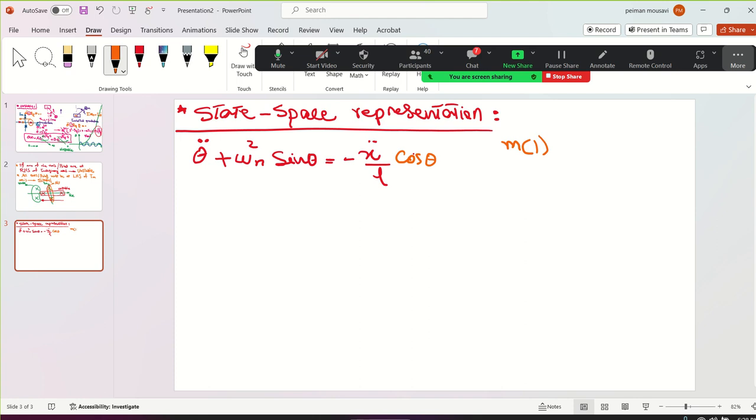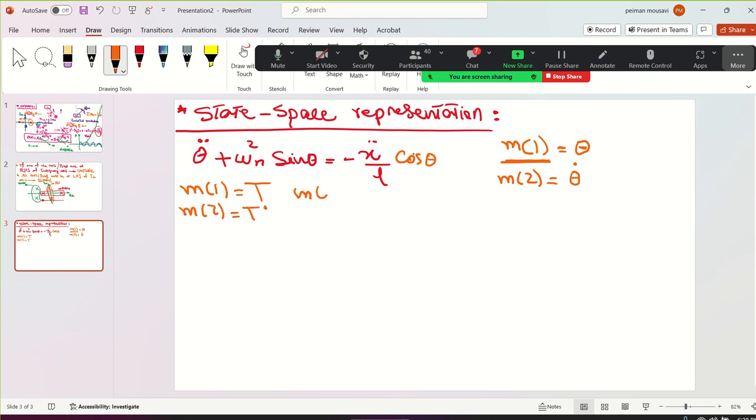So for state space, I'm saying this is the state variable. M1 is the angle of the pendulum, and M2, as I'm going to type in MATLAB, is the angular velocity of the pendulum. If you are talking about the temperature of a room, M1 is T, temperature, and M2 is T dot.